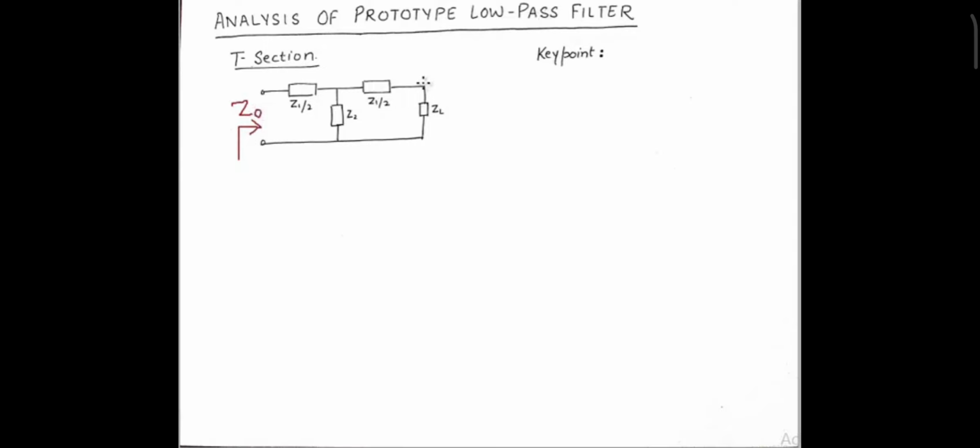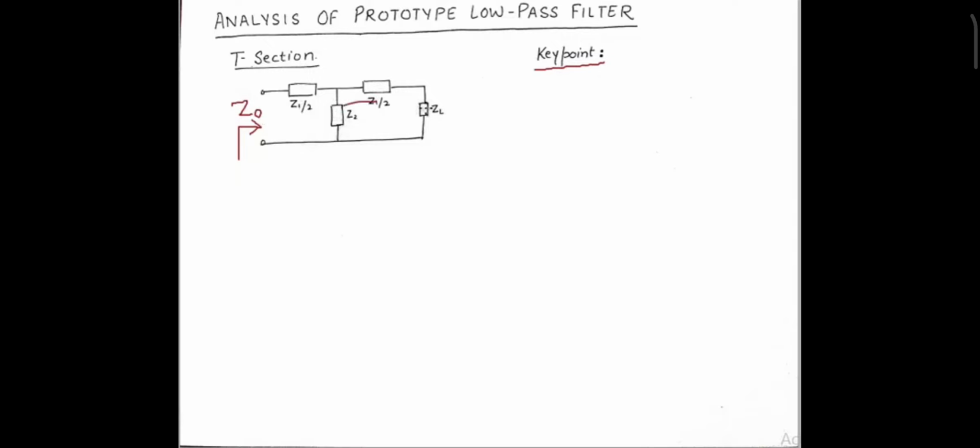Because in order to find the characteristic impedance, we simply need to remember one key point here, and that key point will make the things so easy for you. And that key point is that the filters are symmetric devices. And how can we make this device symmetric?